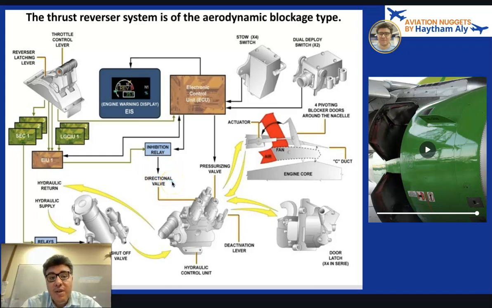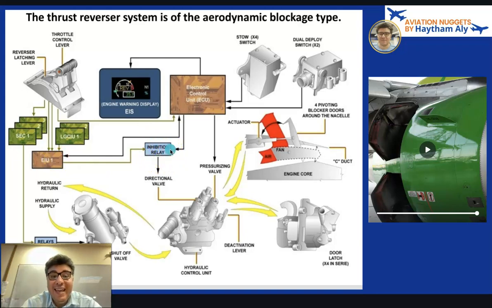For the deploy sequence, the electronic control unit needs to energize the directional valve, and that will not happen unless the EIU energizes the inhibition relay.